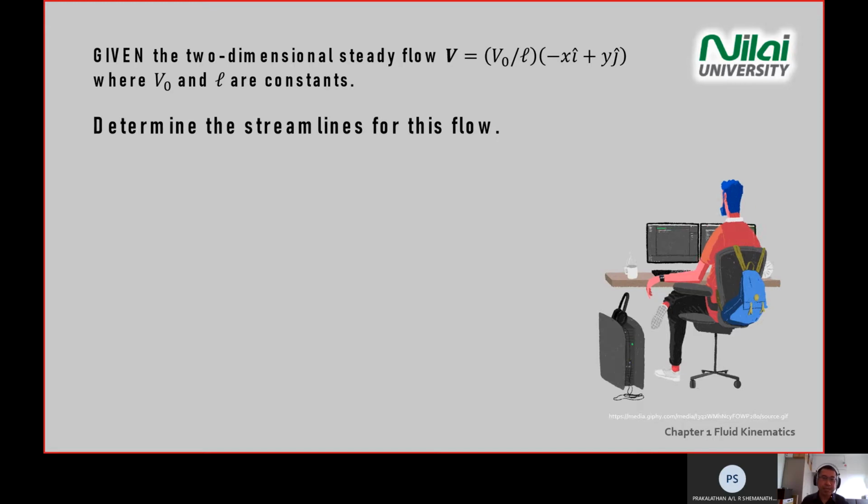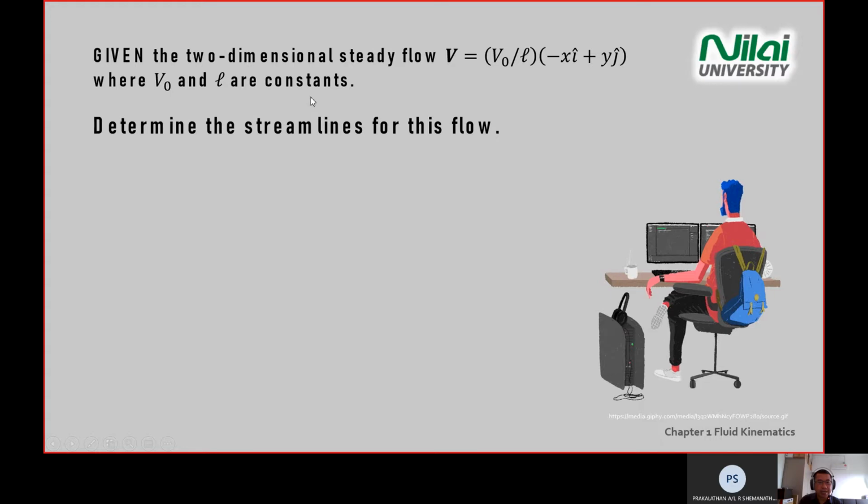You use the same equation as just now: V equals V0 divided by L times negative x i hat plus y j hat. In your tutorial handouts, there's a typo in the x component. Make the correction: it's not j hat, it's i hat. V0 and L are constants.